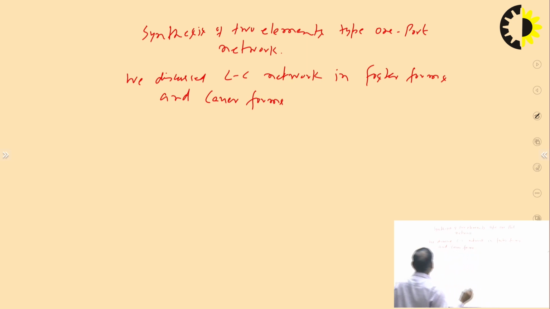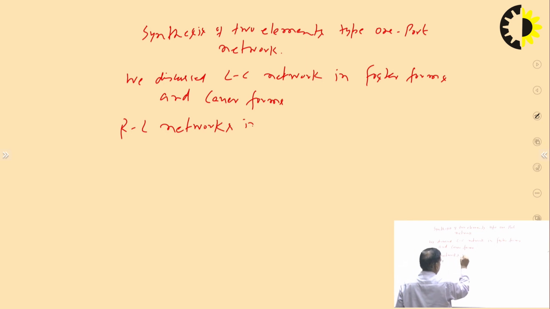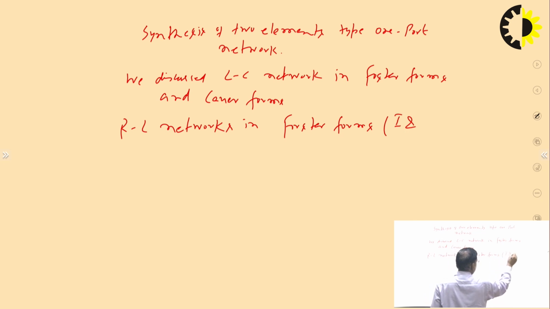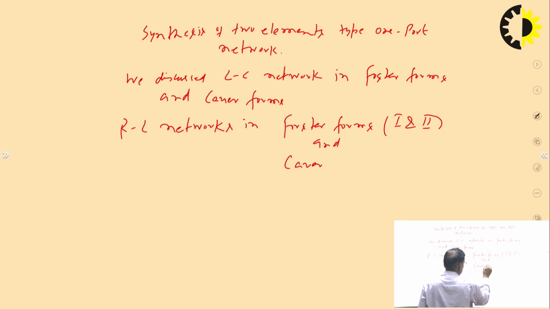Today we are going to discuss RL networks in Foster forms, means Foster first and second, and Cauer forms, first and second. Okay.